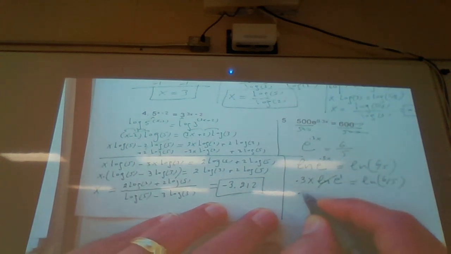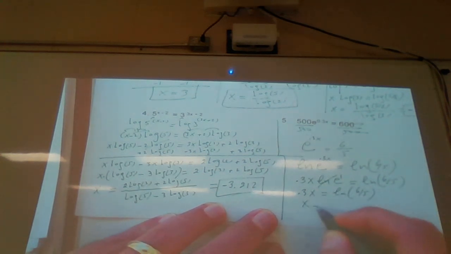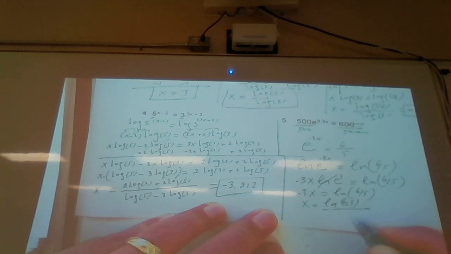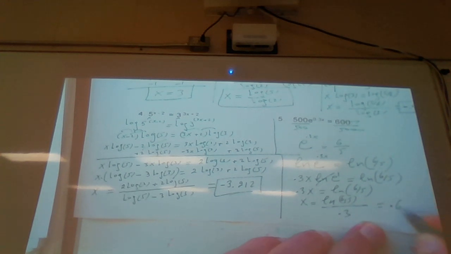So what I have here is 0.3x equal natural log of 6/5. I'll finish it by division. So it's the natural log of 6 divided by 5 over 0.3. Now I can grab my calculator, and that turns out to be 0.608.